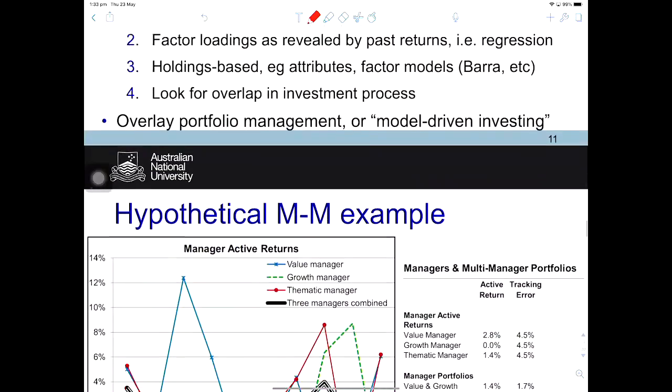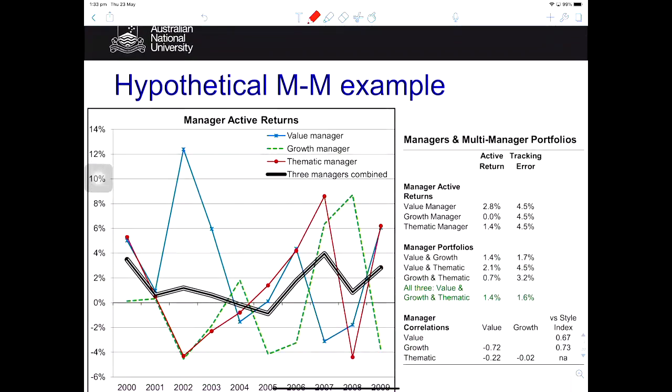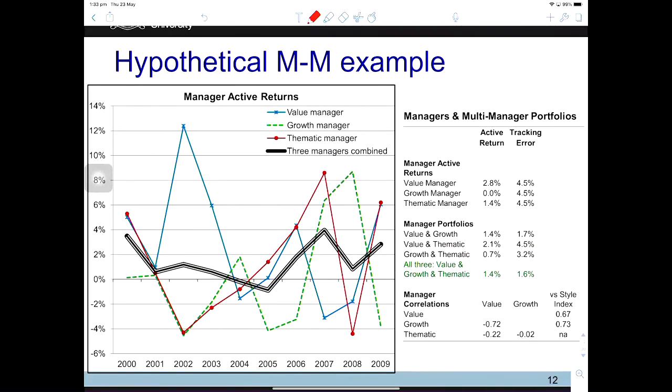To identify these, and classify these managers into several buckets, we may run correlations of the portfolio returns, or we may run regressions and have a look at the R squared, how much they are explained by common factors, and then we get some rough understanding of how to classify these managers into different styles.